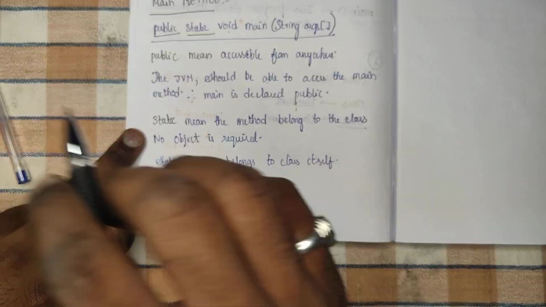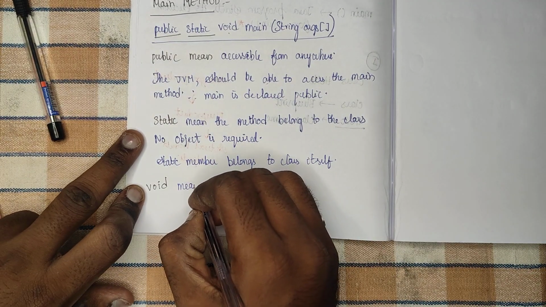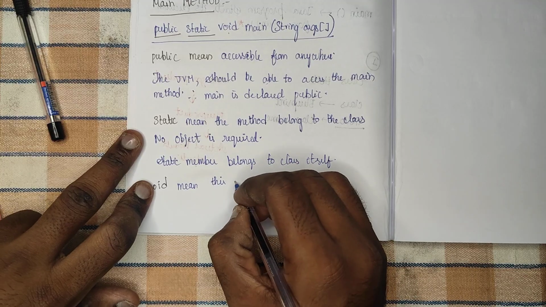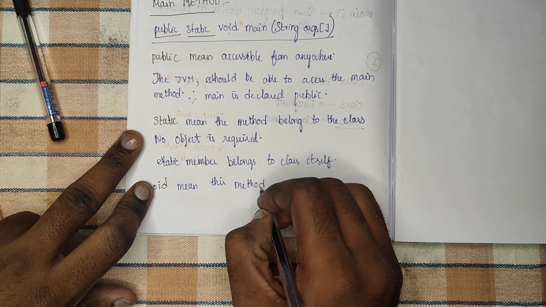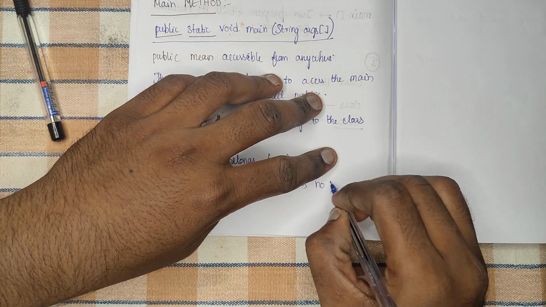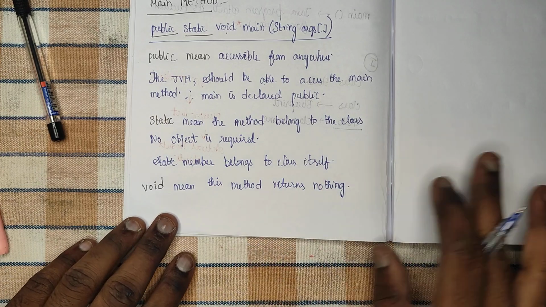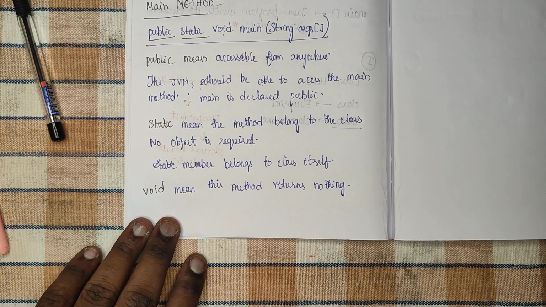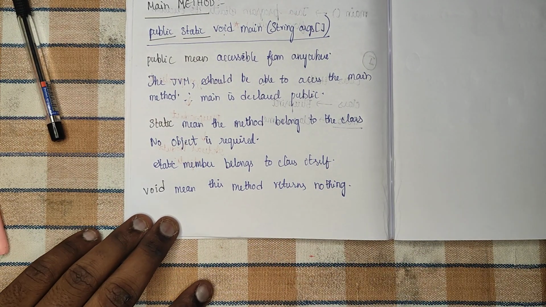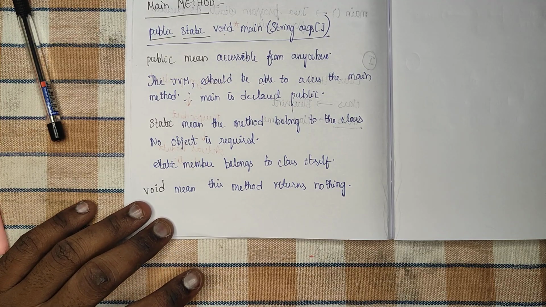Void means this method returns nothing. As a real life example, you ask your friend to please switch on the fan or the light. He or she switches on the fan or light but doesn't return any value.